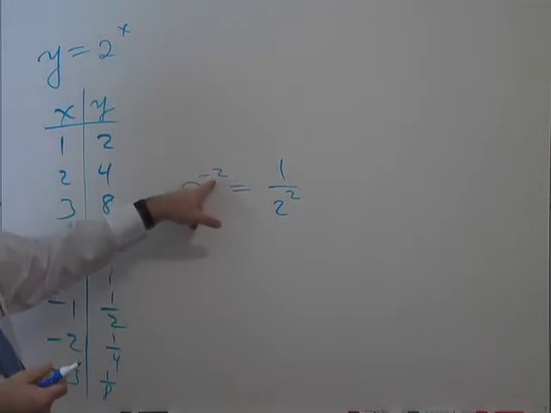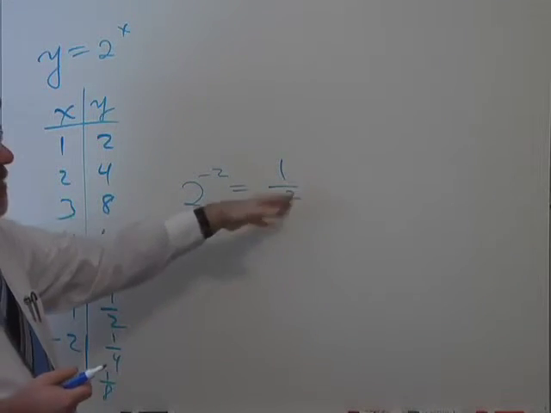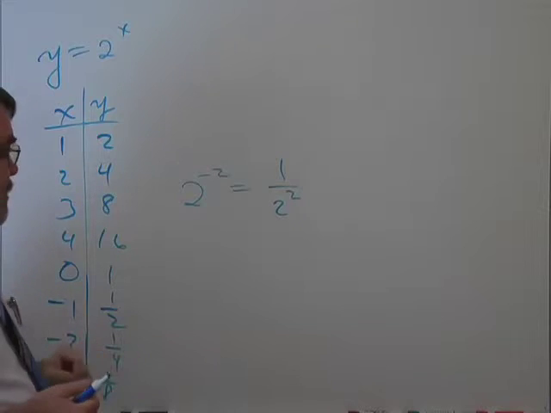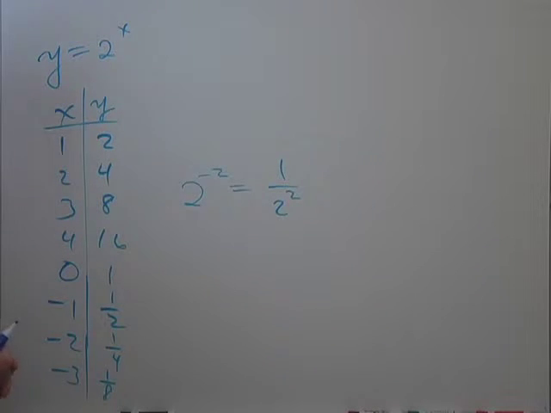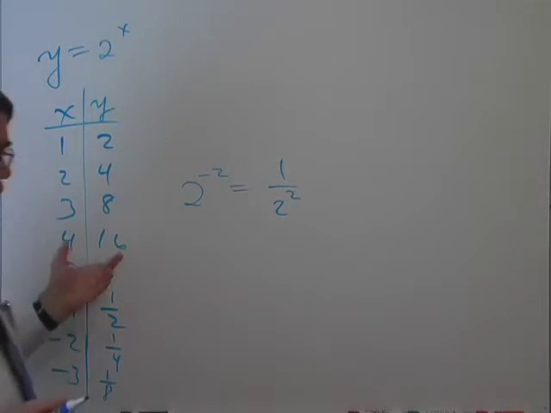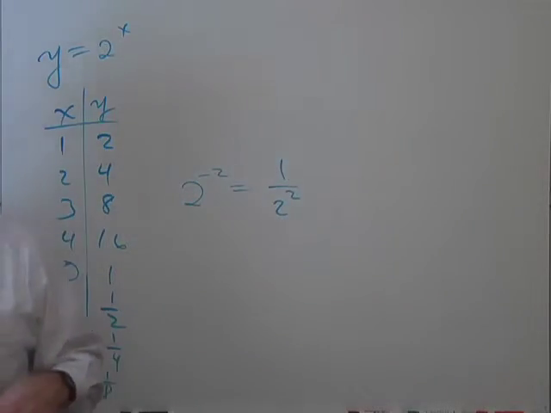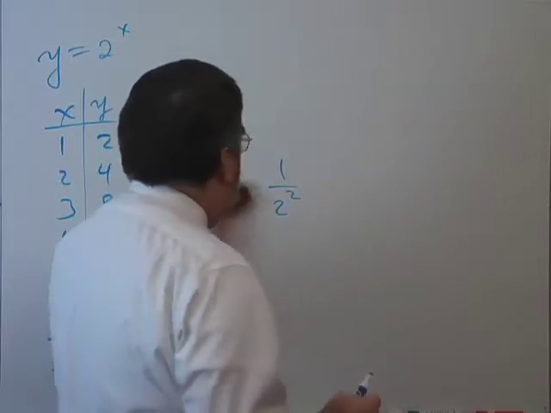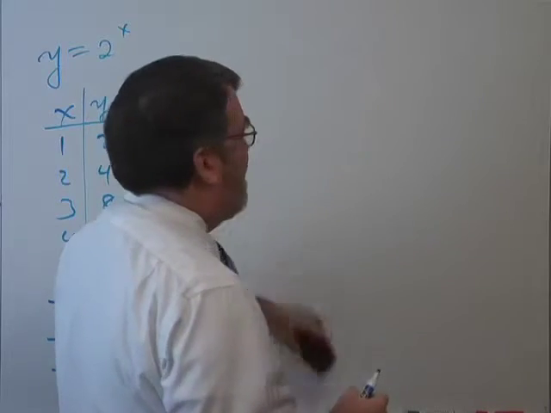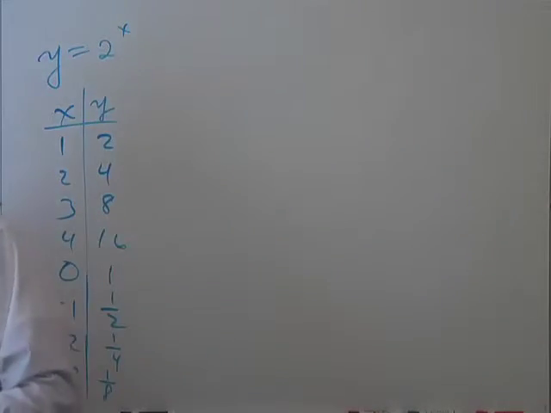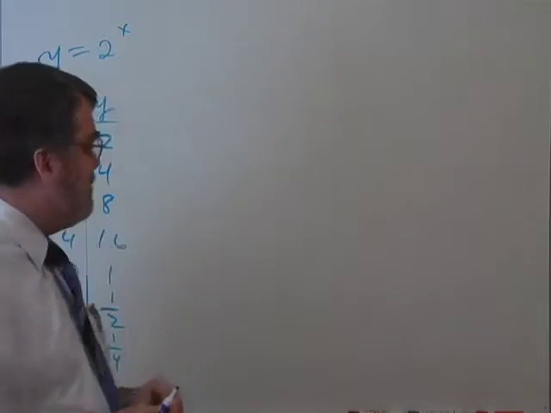So when you change an exponent sign, you invert the base. And anything raised to 0 is going to be 1. Well, almost anything. 0 raised to the 0 power is a real problem, but let's not get into that now.